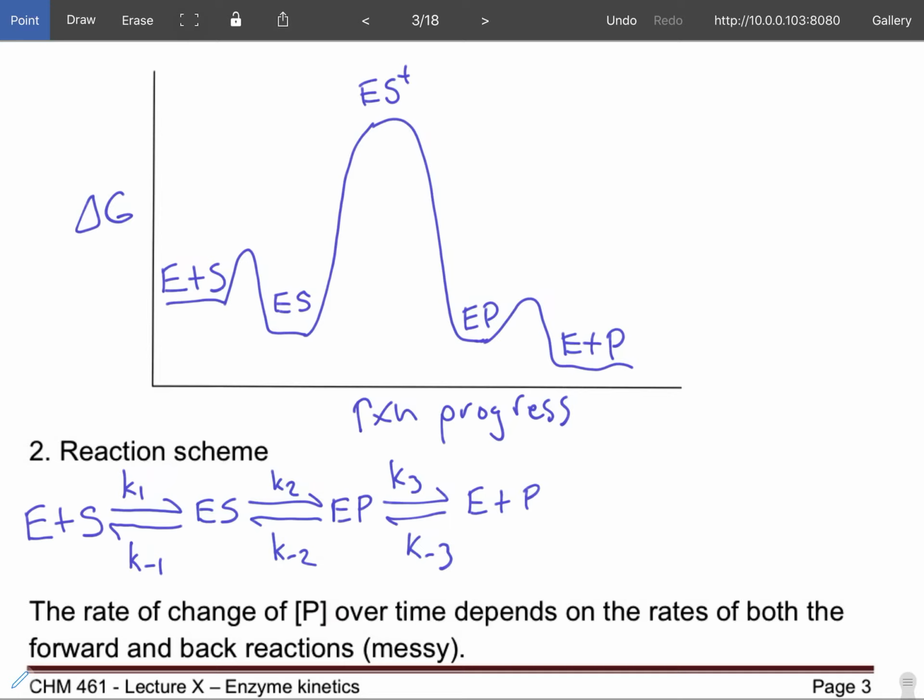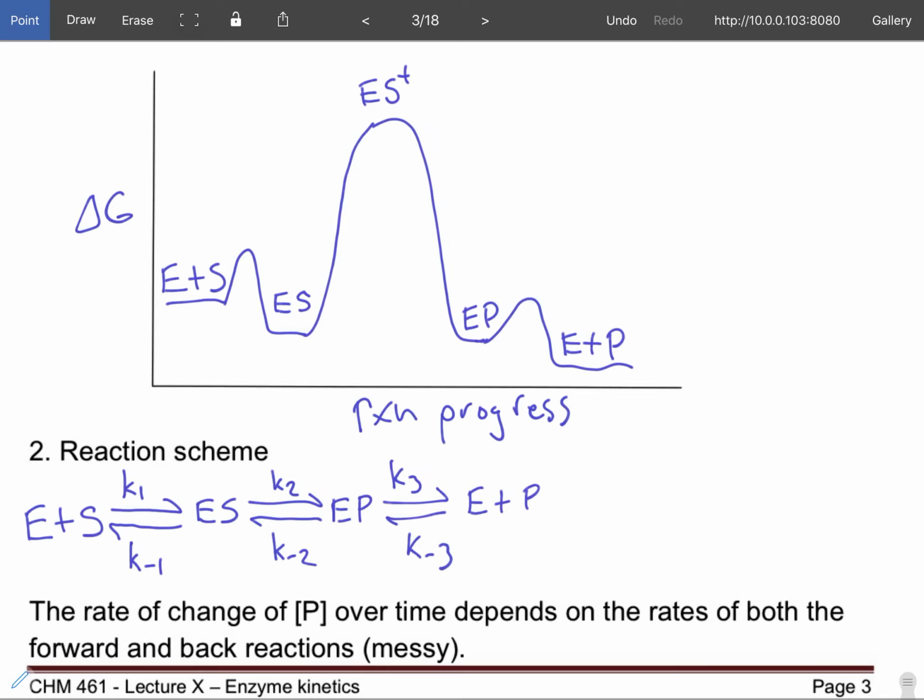And if we look at this right here, if we are watching a reaction and we want to measure product formation, well, that's kind of difficult because product is being formed from the enzyme, but also that product could rebind the enzyme and the reaction can go in reverse. So that's kind of a mess.